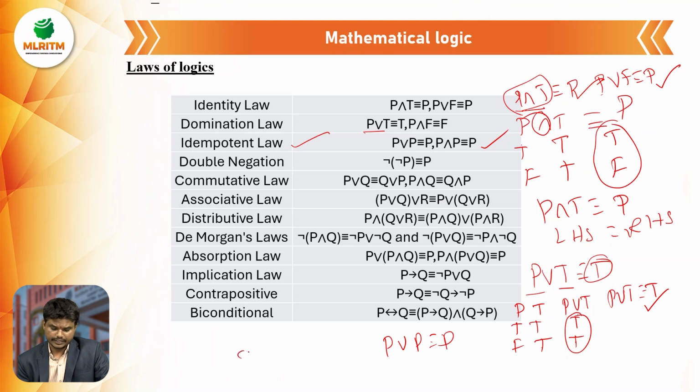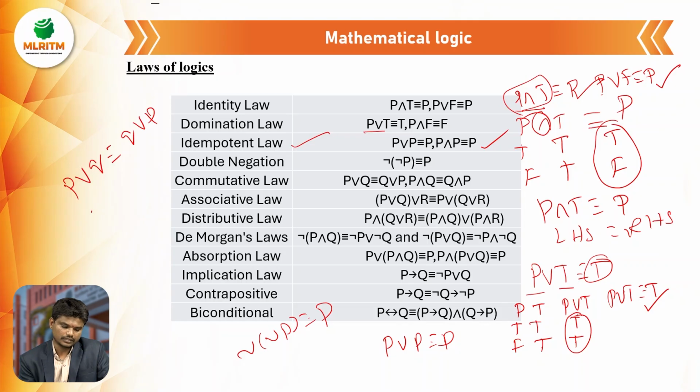Double negation: negation of negation P is equivalent to P. Commutative law: P or Q is equivalent to Q or P, and the second formula is Q and P is equivalent to P and Q. And the associative law, also called the same symbol law.